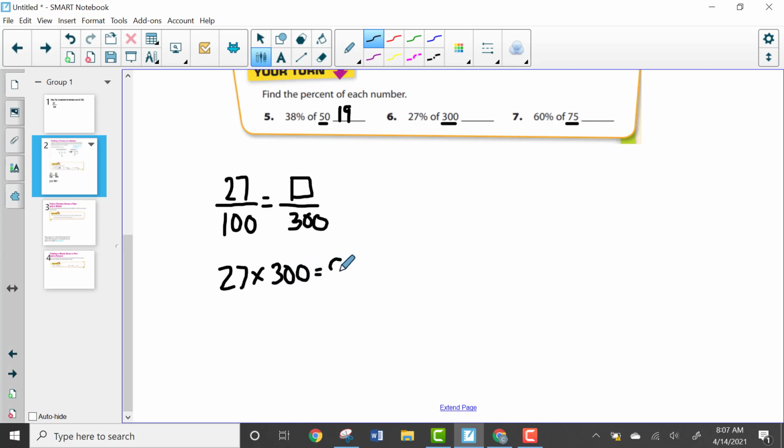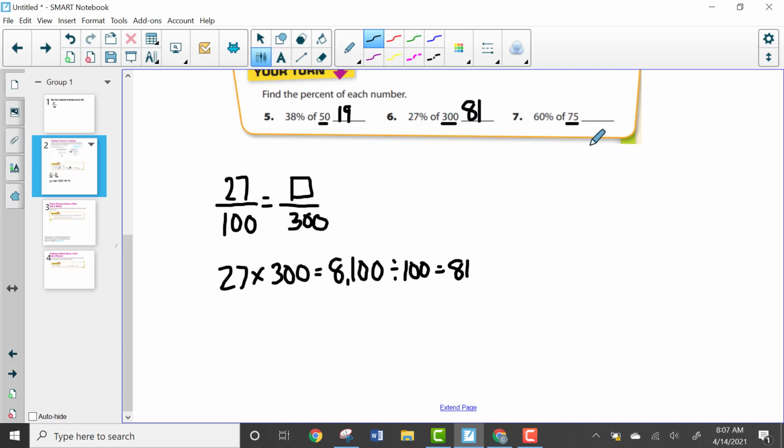That's going to give me 8,100. And then now what we do is we take 8,100, we divide that by 100. And that'll give us 81. So 27% of 300 equals 81.